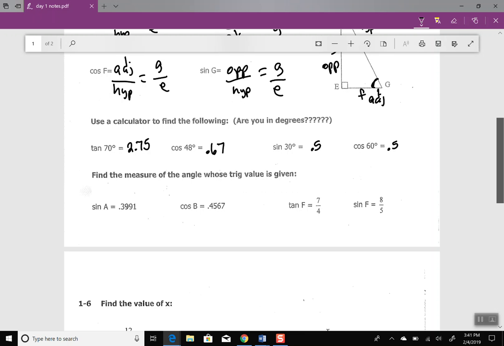But if you already have that value, can you go backwards and figure out what the angle was? What we're going to do is use the inverse functions, the opposite functions, of sine, cosine, and tangent. And again, we're going to use the calculator. Some of these you could do by hand, but we'll use the calculator.